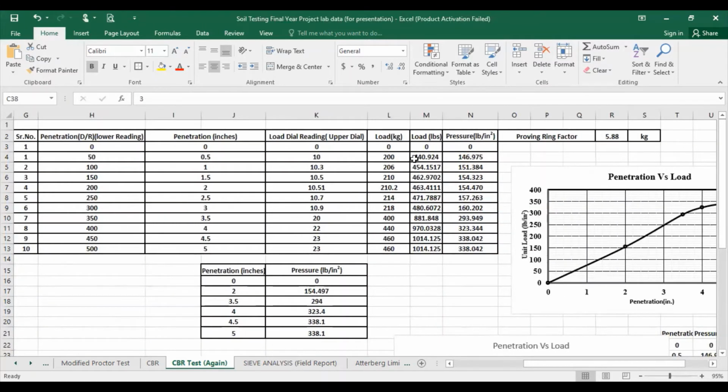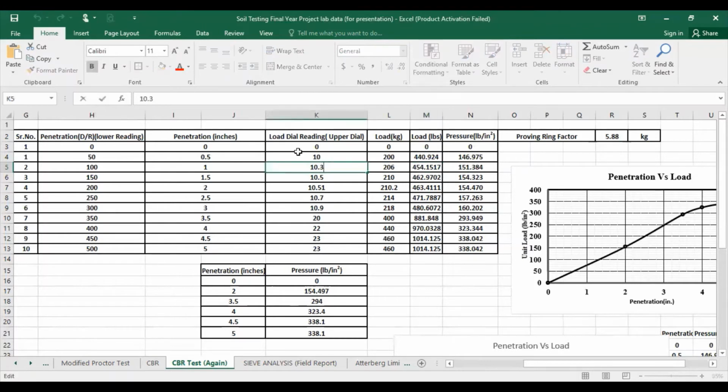We have to convert this load into pounds because we have penetration in inches. So I have multiplied this load in kg by 2.20462, which converts it into pounds. So every load in kg is multiplied with 2.20462.